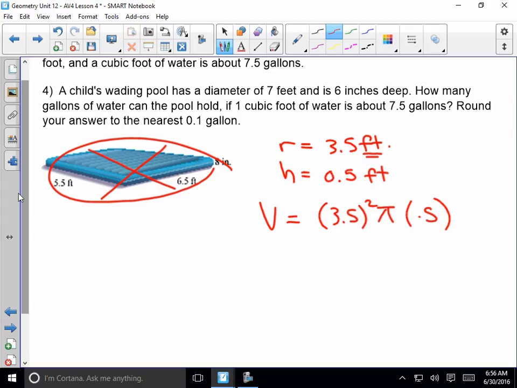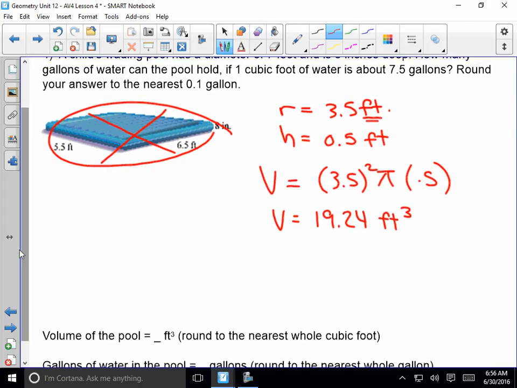3.5 squared times 0.5 times pi, and we get 19.24 cubic feet. So that's how much water is in there. Now we want to turn this cubic feet of water into gallons.